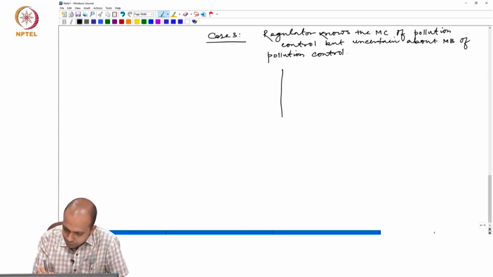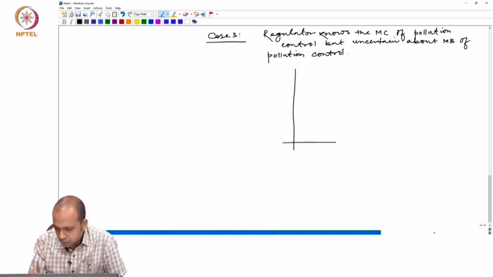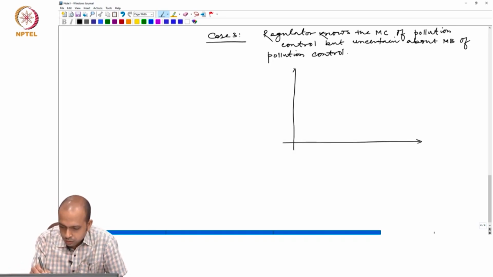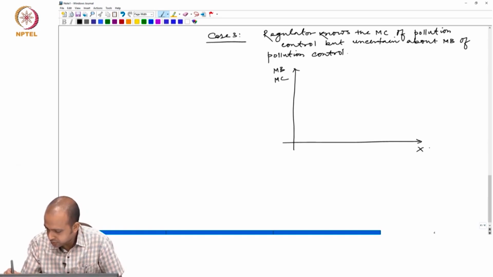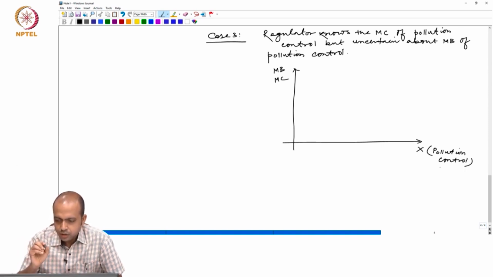So, what would be the diagram in this case? This is the y axis, where we are measuring MB and MC. This is X, which is pollution control. The regulator knows MC with certainty.